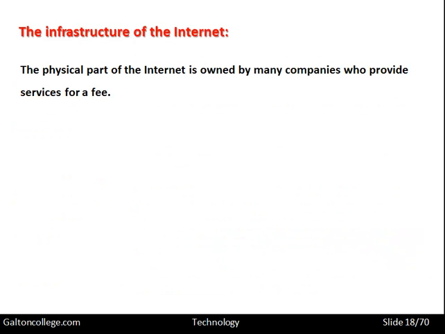Now, the infrastructure of the internet, well, the physical part of the internet is owned by many companies who provide services for free. So when we think about the structure of the internet, we have different companies who provide services, sometimes in return for advertising, but we have email services from Google and from Microsoft, and we have free space to store files online, and we have lots of facilities which are given to us free.